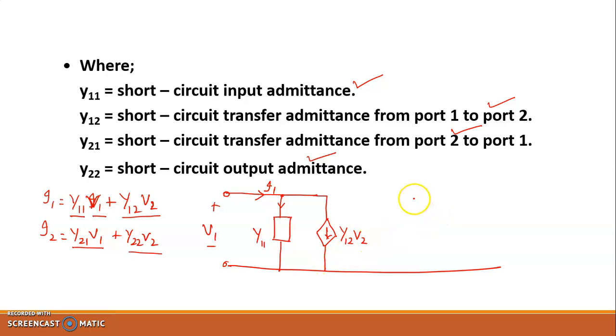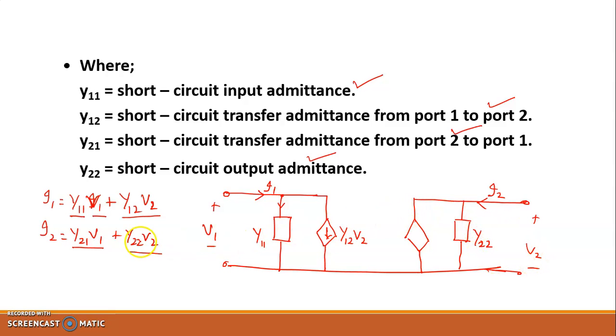On the output side also we have two terms, one corresponding to one current and the second to another current. Here V2 is the voltage at the output port and I2 is the current flowing through the output port. I2 is a sum of Y21 V1 and Y22 V2. V2 is the voltage across the second terminal itself, so if you connect an admittance equivalent to Y22 here, then the current flowing through Y22 will be Y22 into V2.